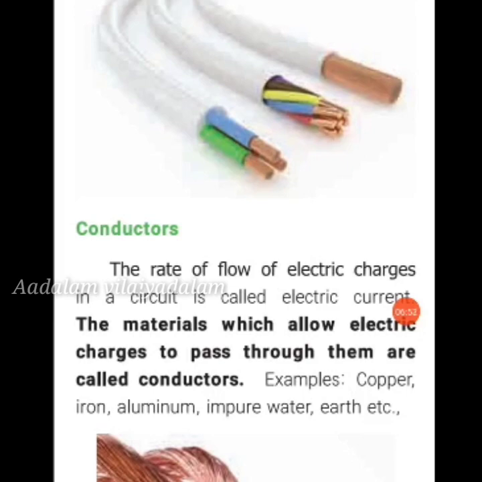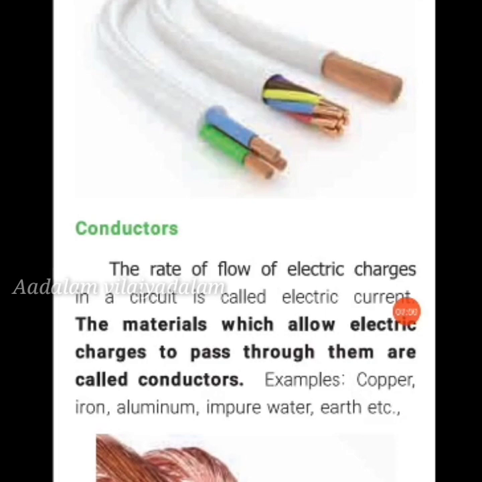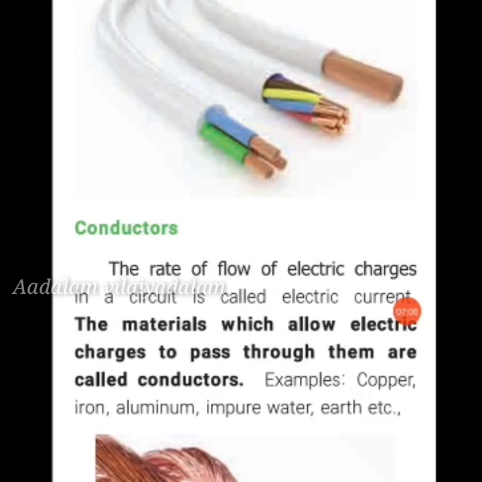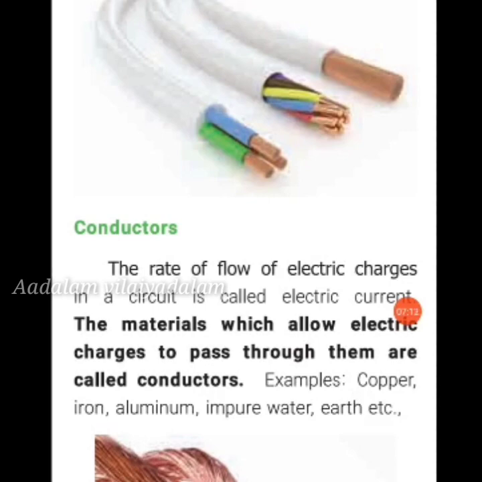Conductors are the materials which allow electric charges to pass through them. So materials that allow the electric charge to pass through them are called conductors. For example, copper, iron, aluminium, earth, impure water, etc.